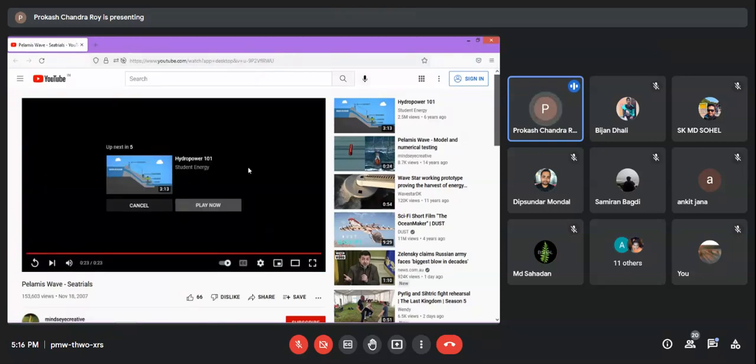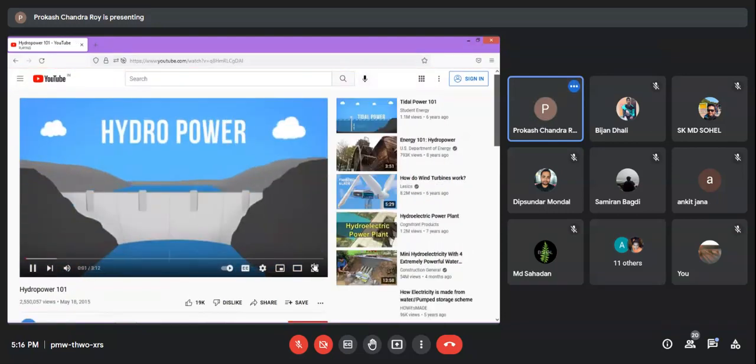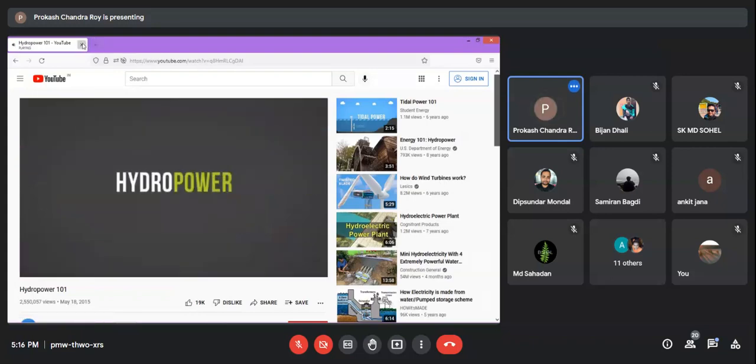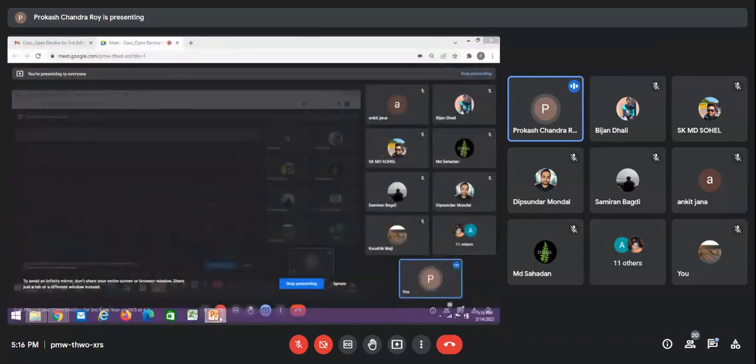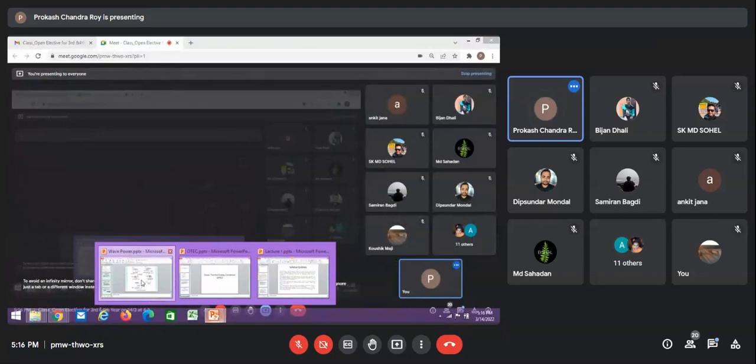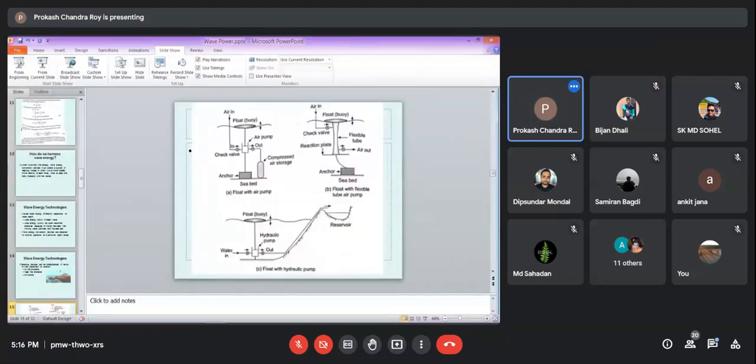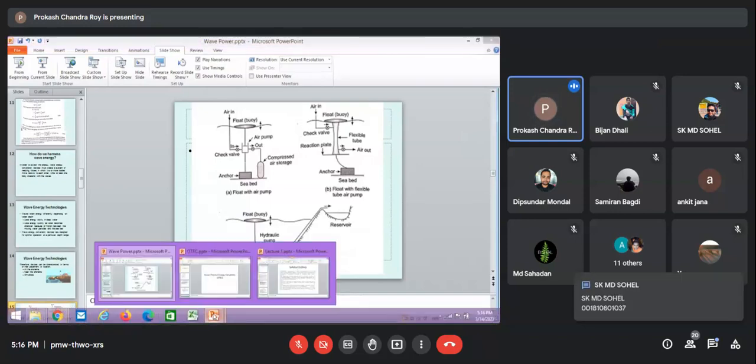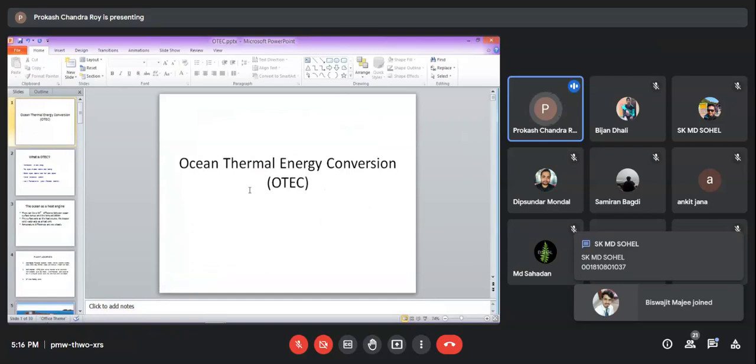Can you think about the power requirement to lift this amount of mass within a particular location? Okay, so this is basically the sea snake. So we have another 15 minutes. Okay, now we will talk about another.